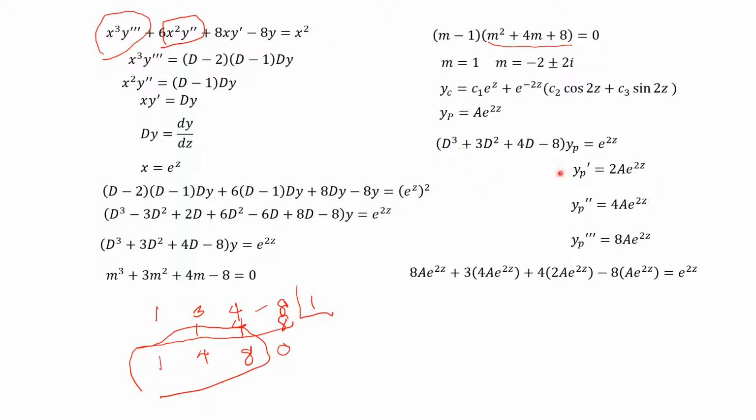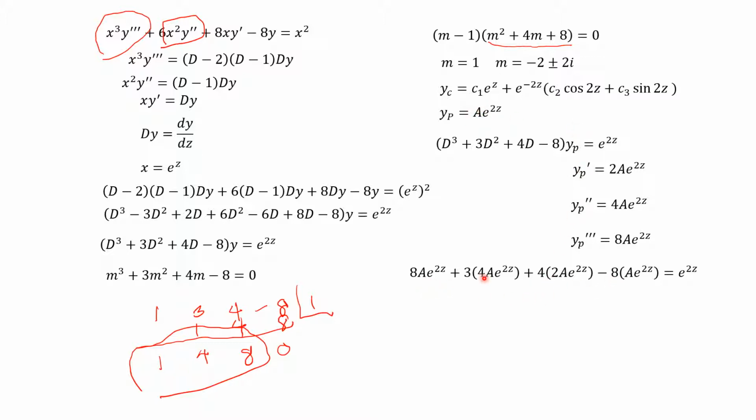So d cubed yp, that is 8a e to the 2c. The d squared yp is 3 times 4a e to the 2c. The 4d, 4 times 2a e to the 2c, minus 8 times yp is a e to the 2c. I can combine this.